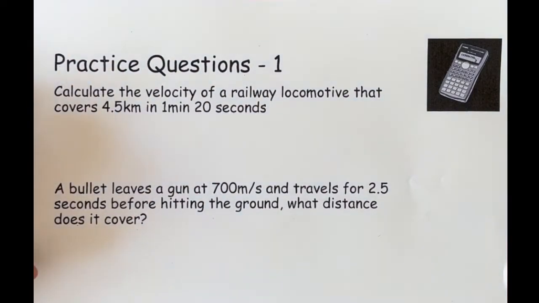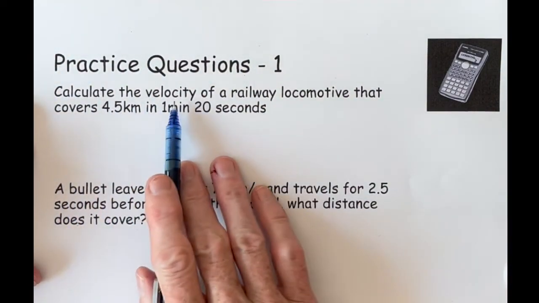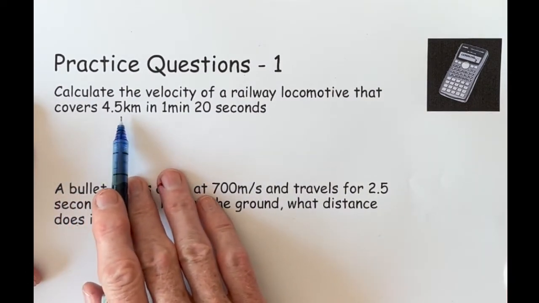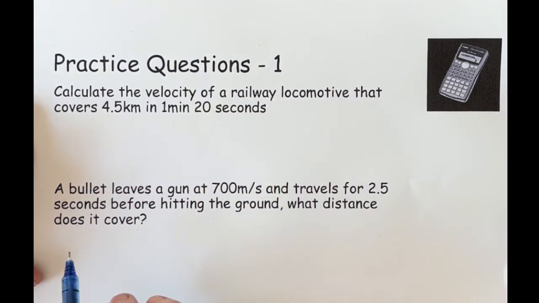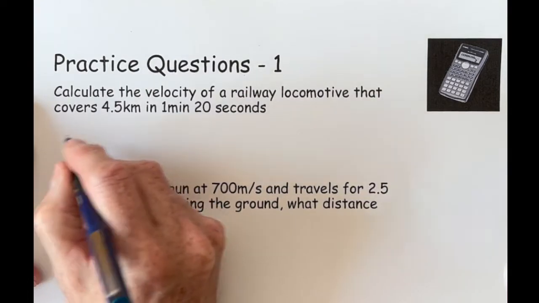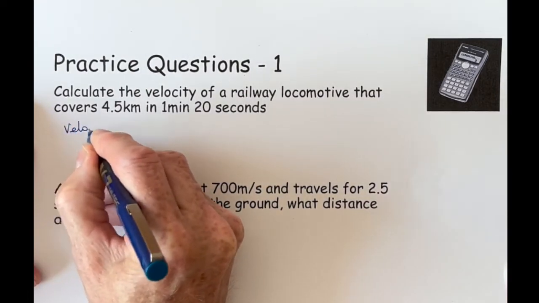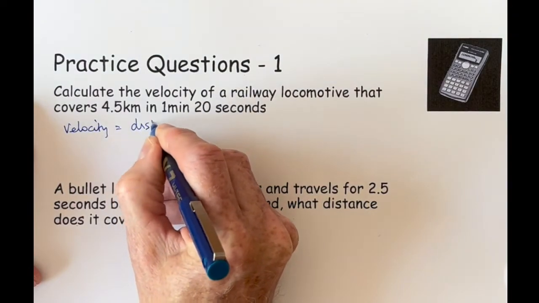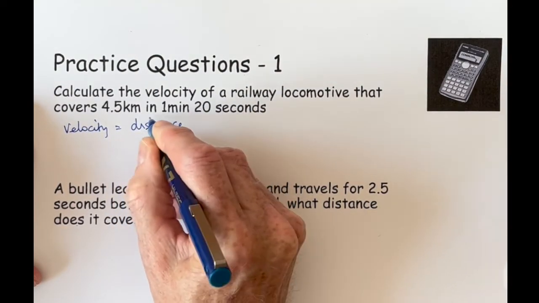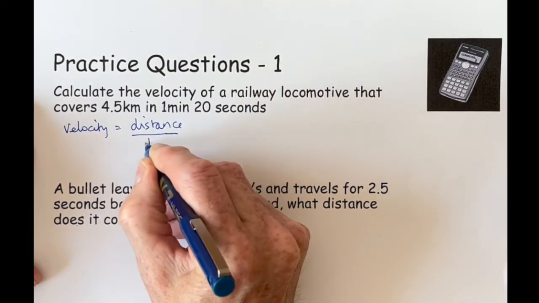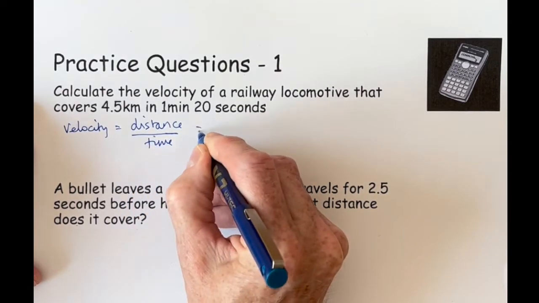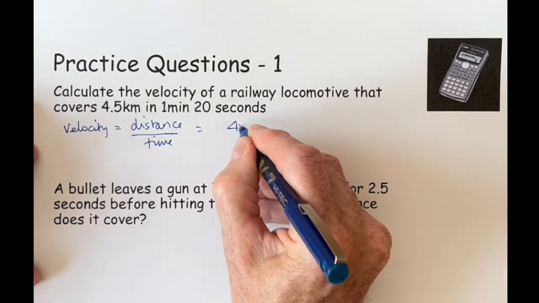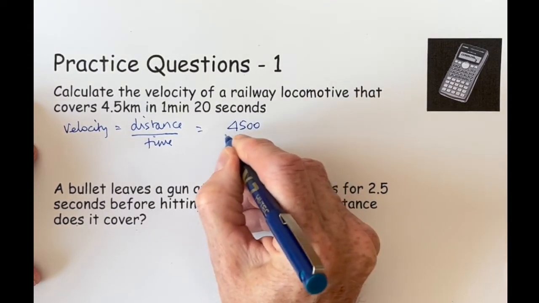Okay, so for practice question 1, calculate the velocity of a railway locomotive that covers 4.5 kilometres in 1 minute 20 seconds. So we know that velocity equals distance over time. So in this case, the distance 4.5 kilometres is 4,500 metres.